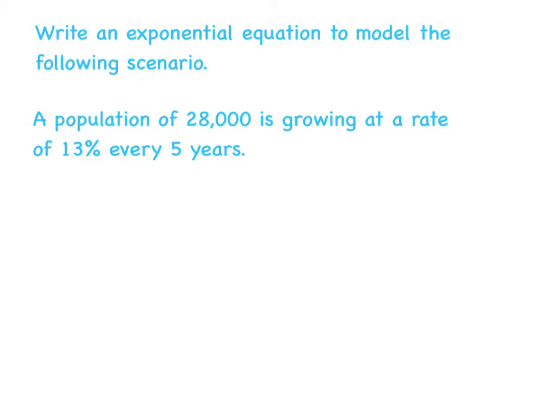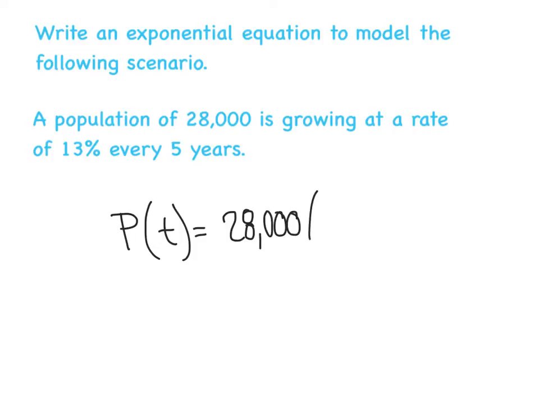Now, how about this? Could we turn it around, and they're asking me to write an exponential equation that models a city that has a population of 28,000 and it happens to be growing at a rate of 13% every 5 years. So let's kickstart things here with the easiest part, and that's we know the value of A is 28,000. And then we've got our base raised to, and I think the next easiest thing is to say t divided by 5 because that's how often it grows, every 5 years.